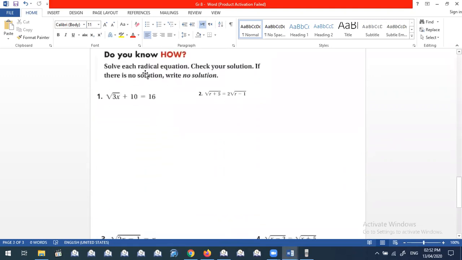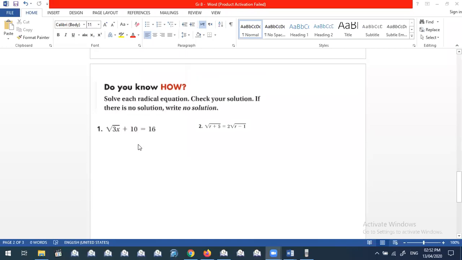Here, solve each radical equation, check your solution. If there is no solution, write no solution. Move 10 to the other side by minus. Square root of 3x equals 16 minus 10, which is 6. Make power 2 to finish the square root.